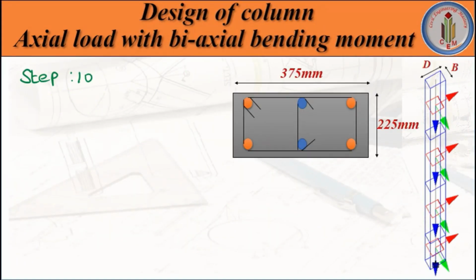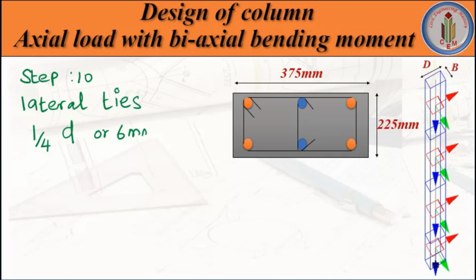Next, step 10. In step 10, we are going to calculate lateral ties. So here, first one is diameter. We have to choose the diameter according to IS 456. In IS 456, clause number 26.5.3.2, it is mentioned that the diameter of the tie should not be less than 1/4 of the largest longitudinal diameter of the bar or 6 mm.